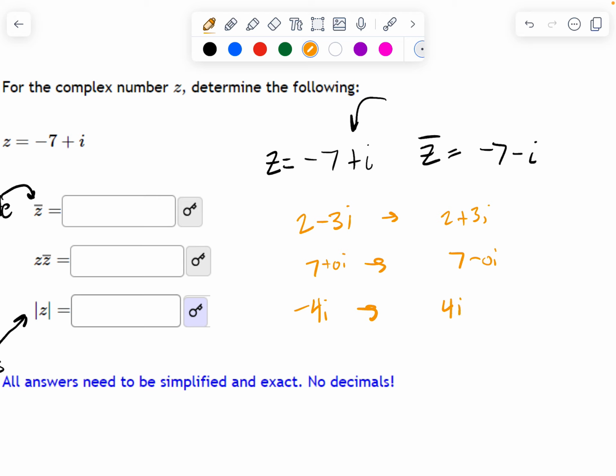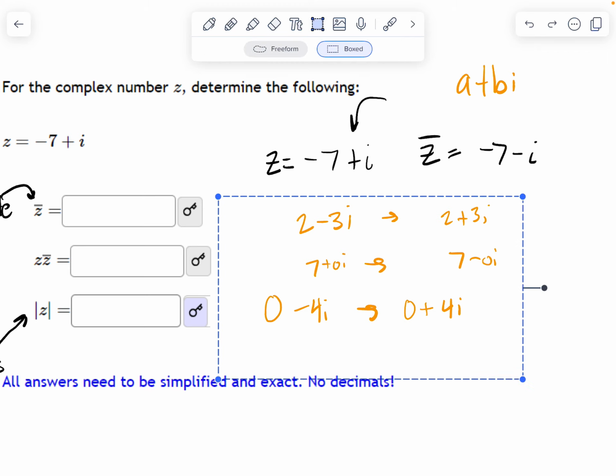Kind of a little weird, because if it's 0 minus 4i, then it becomes 0 plus 4i, the sign would flip. So do keep in mind that it's a plus bi format for all of these, and it's always going to be the imaginary part that switches the sign. The real part will not change. If it was positive before, it remained positive; if it was negative, it remained negative. But there you go.